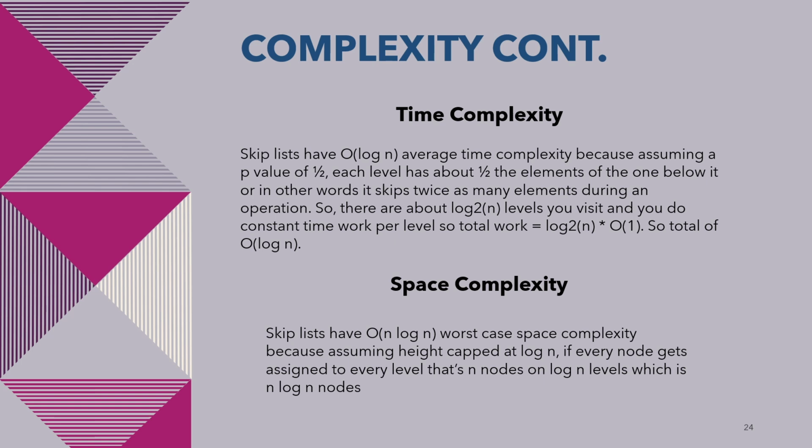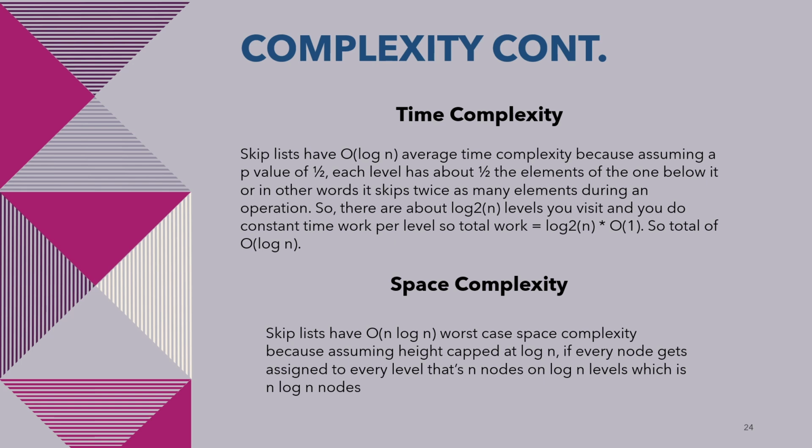For the time complexity, skip list has O of log n average time complexity for all of those operations, because assuming the p-value is half, right, that's our coin flip, each level has about half the elements of the level below it, or in other words, when you're on that level, you're skipping about twice as many elements during an operation.